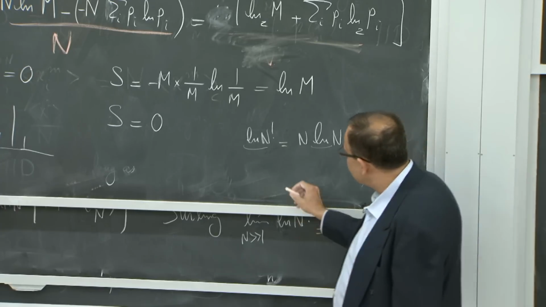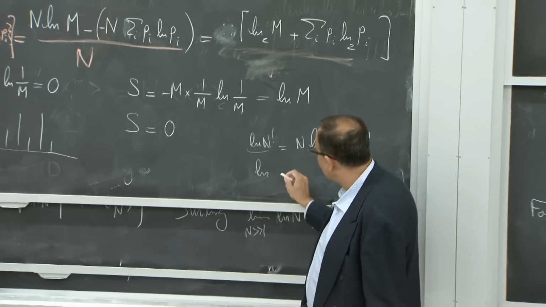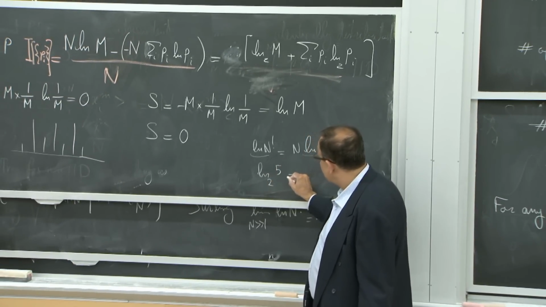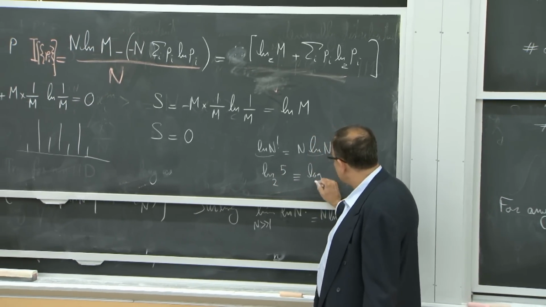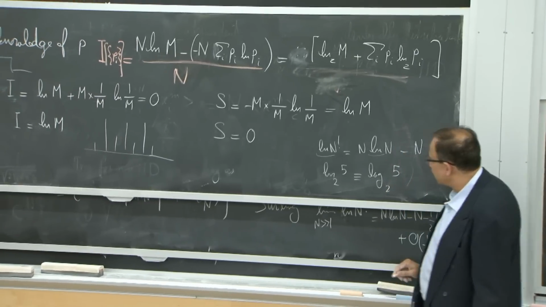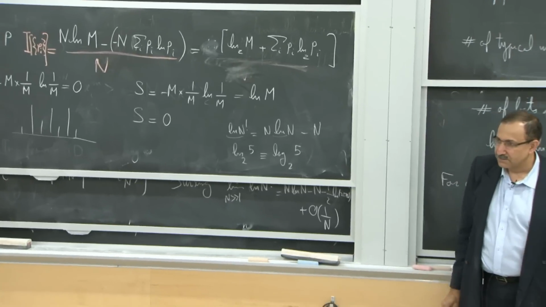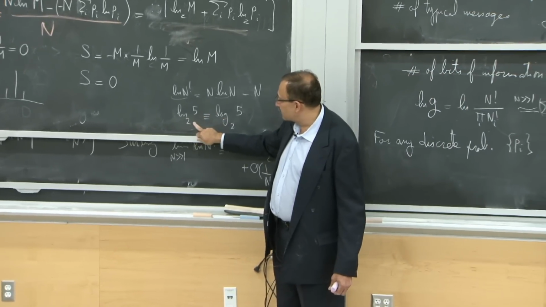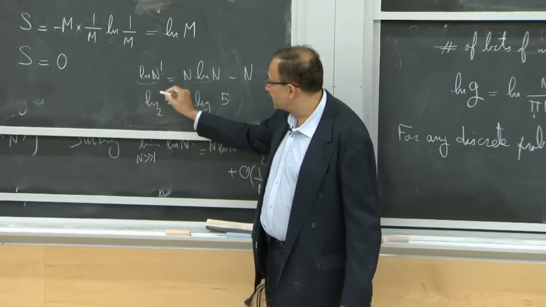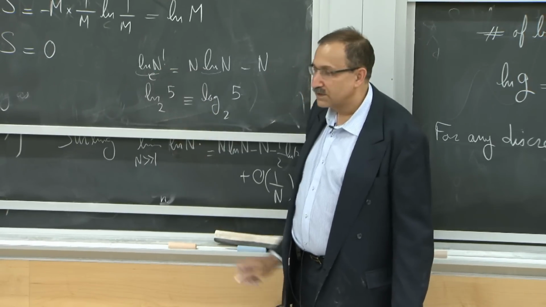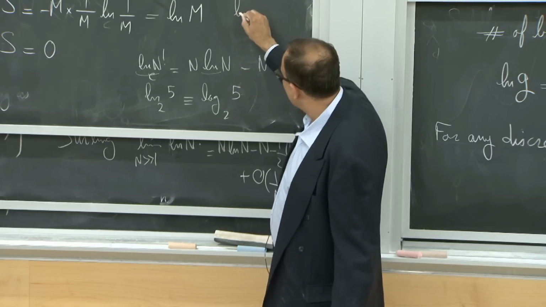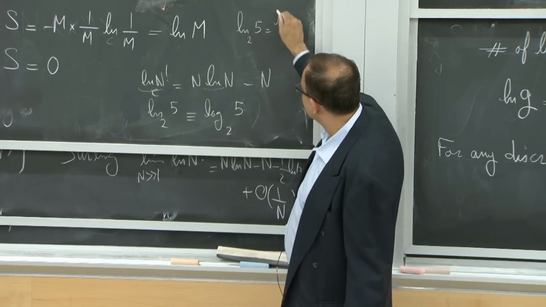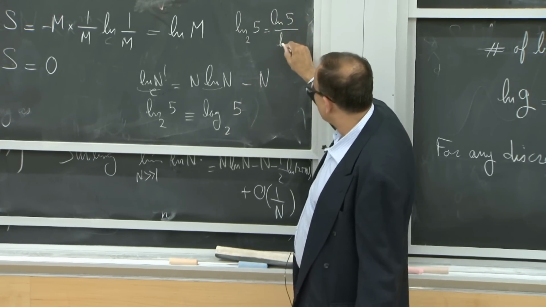And then I used this symbol, log base 2 of 5, which may be a notation you are used to. If I don't indicate a number here, it's the natural log, base e. If I put a number, so log base 2 of 5 is log 5 divided by log 2.